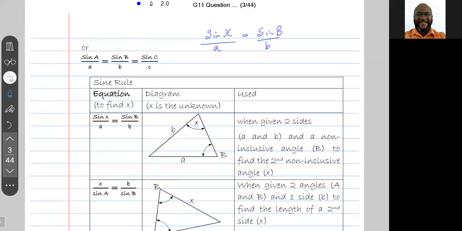If I want an angle, I'm going to say the sine of the unknown angle over the opposite side. You will see that in action in a second. If I want to find a side, I'm going to say the side I want to find over the sine of the opposite angle is equal to.